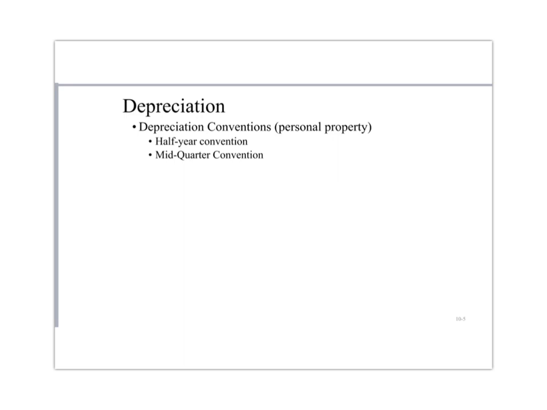All right, now when we're talking about personal property, you have two conventions, okay? The half-year convention is most common. You also have what's called the mid-quarter convention, okay? Let's talk a little bit about each of these. So let's talk about half year first, okay? What does the half year convention say?